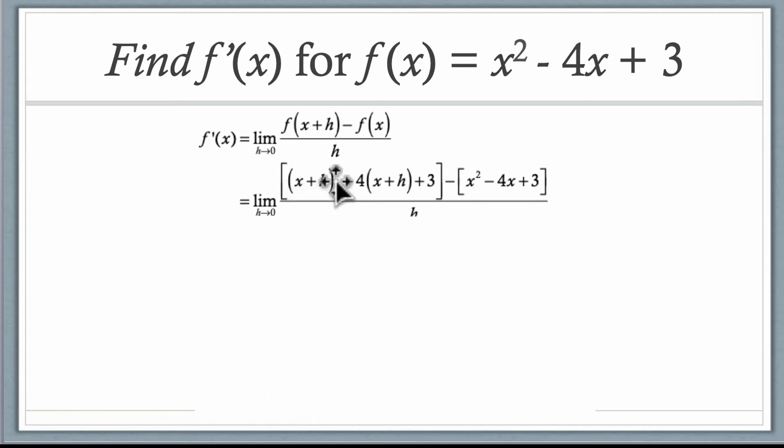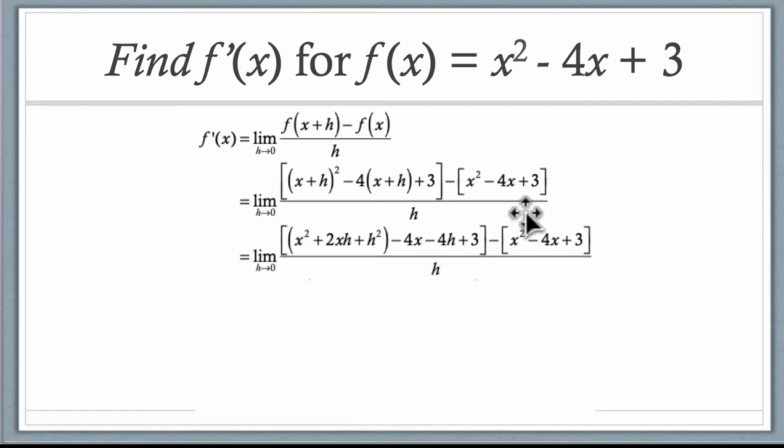So I have x plus h squared minus 4 times x plus h plus 3 minus my function x squared minus 4x plus 3. Simplifying this, multiplying out that binomial, distributing that negative 4, this is what I'm going to get: x squared plus 2xh plus h squared minus 4x minus 4h plus 3.